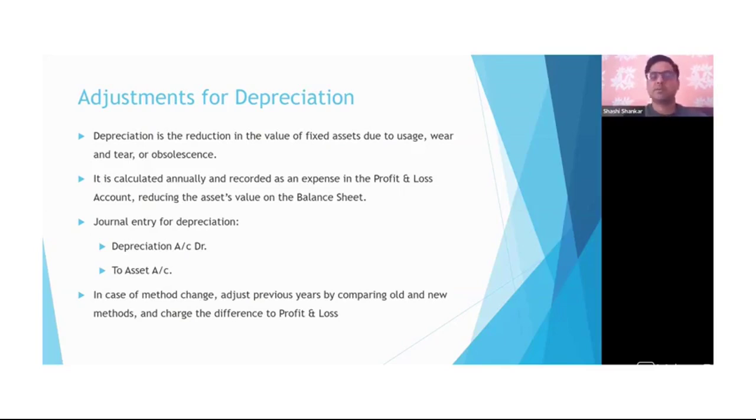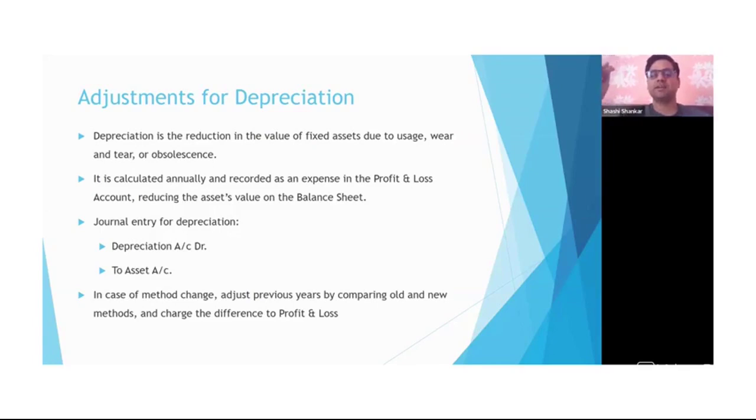It is calculated annually and recorded as an expense in the profit and loss account. So here one point is very clear: depreciation is calculated annually, recorded as an expense in the profit and loss account, and also reduces the asset value on the balance sheet. So there are two aspects, one from the balance sheet side and another from the profit and loss side.